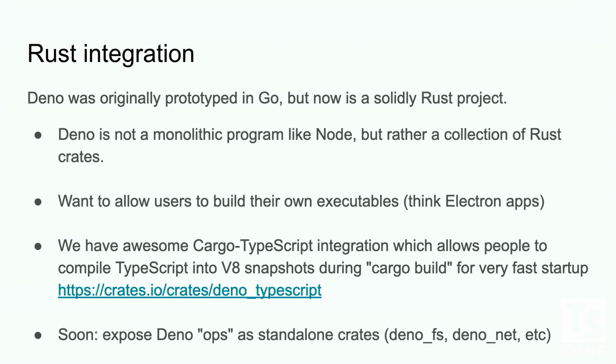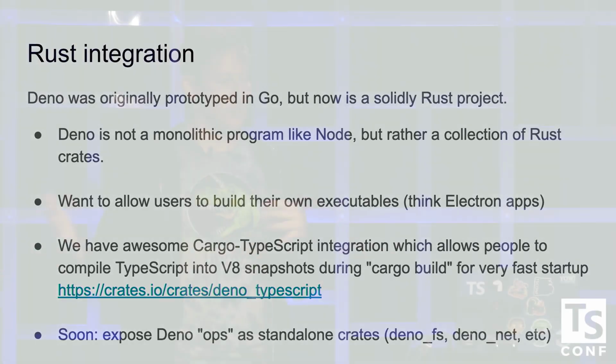And I think that if we set this up correctly and integrate properly with the Rust build system, we can address these use cases in a much cleaner way. And I would suggest that if you're interested in this use case, you check out this Deno TypeScript crate, which I've linked to, which allows you to compile TypeScript at your compile time and bundle it into a V8 snapshot so that you can start up fast.